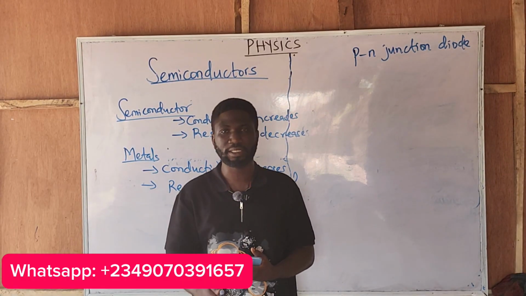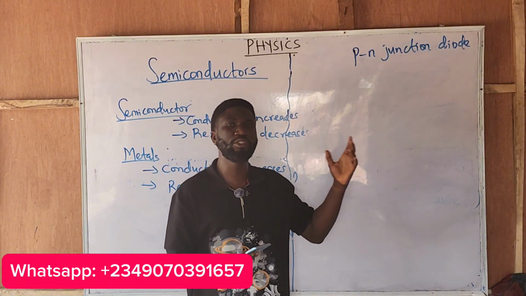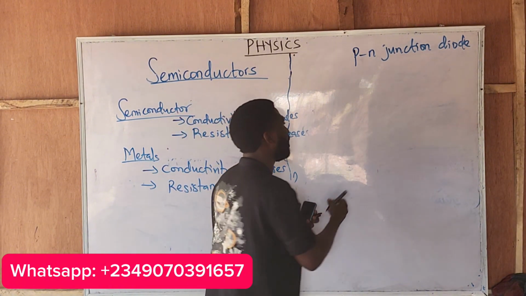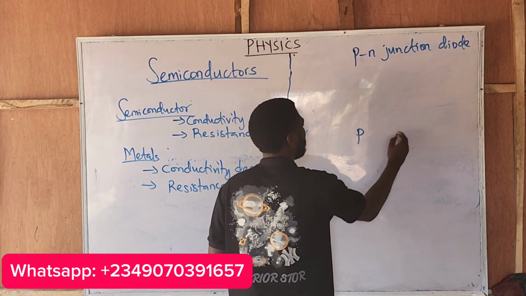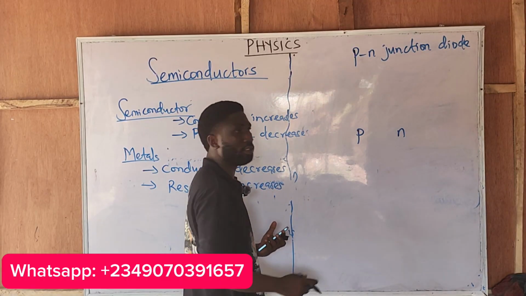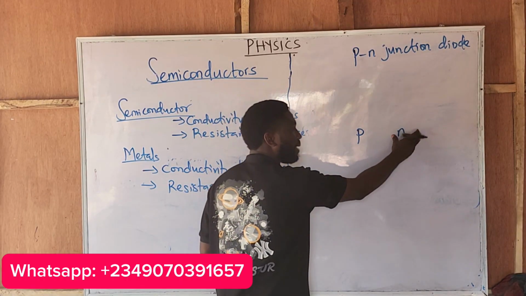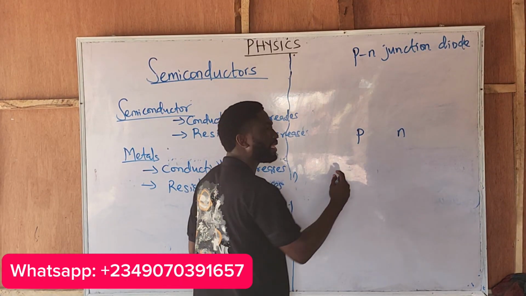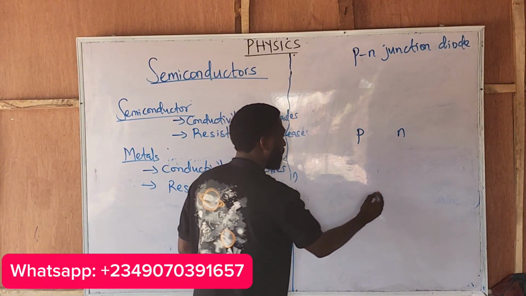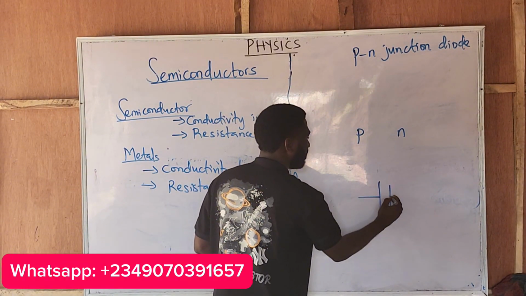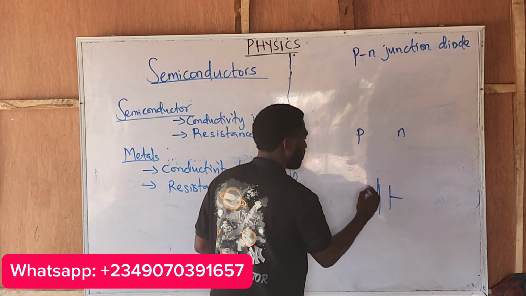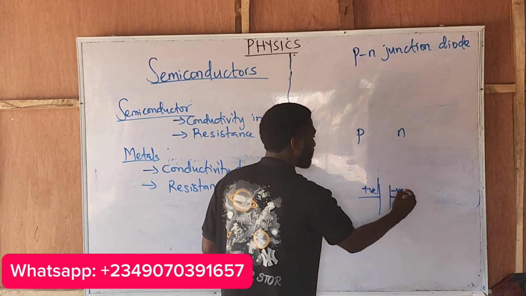Let's say we have the p-n junction diode, with the p-type semiconductor here and the n-type semiconductor there. Now it is connected to a battery, with a positive terminal and a negative terminal.